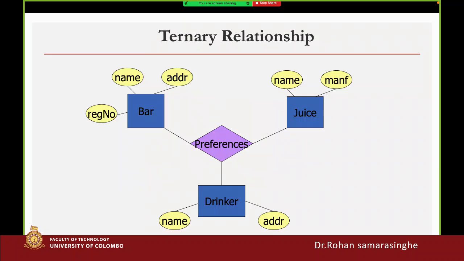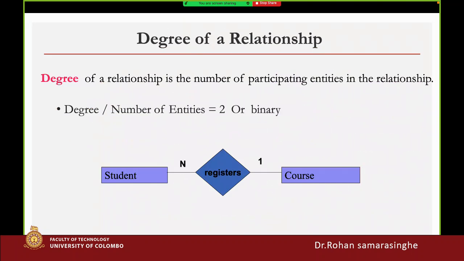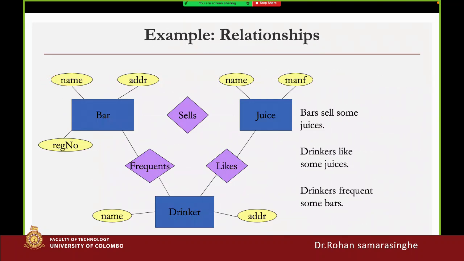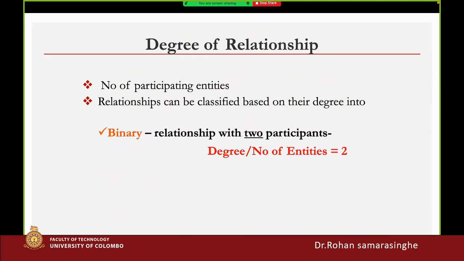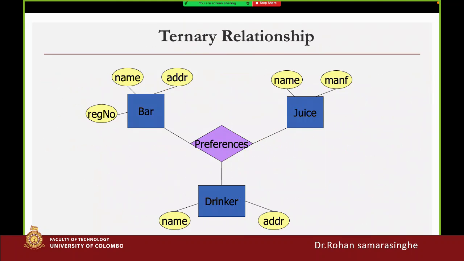As I explained in the previous example, we can express these with a ternary relationship like this. Here, preferences connects bar, juice and drinkers.